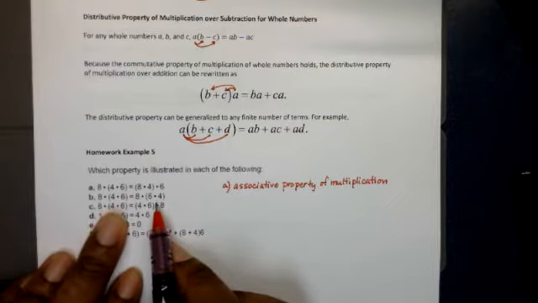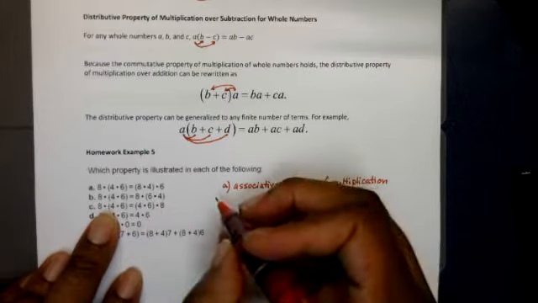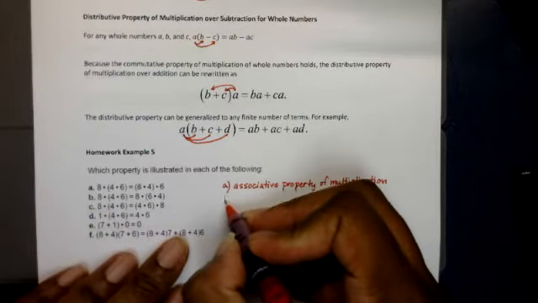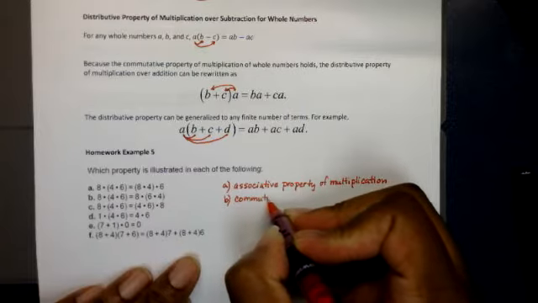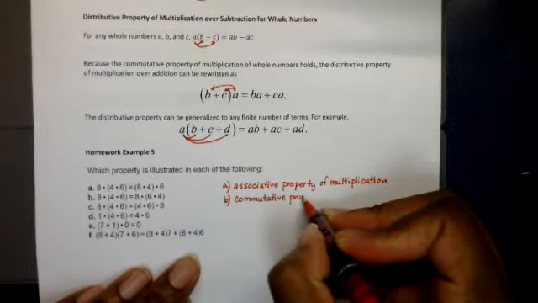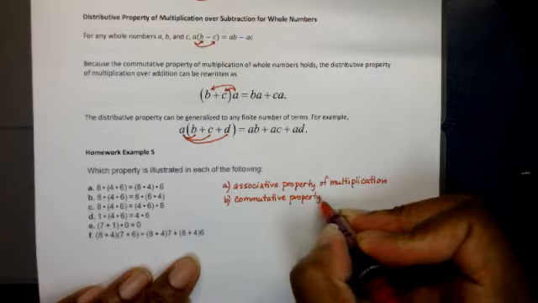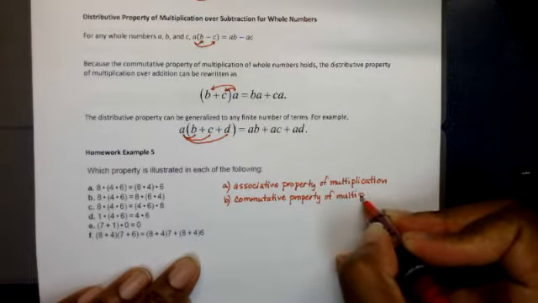Notice that the order has changed. We changed the order of these two. So that is considered to be the commutative property of multiplication.